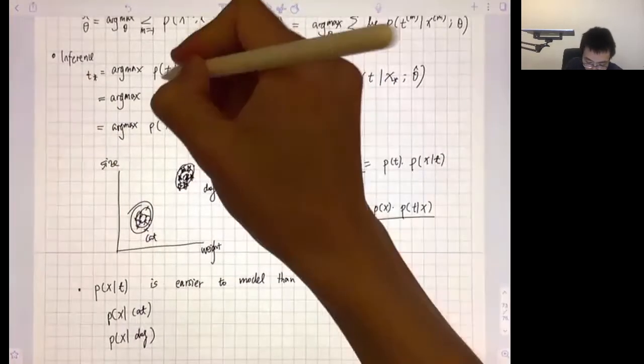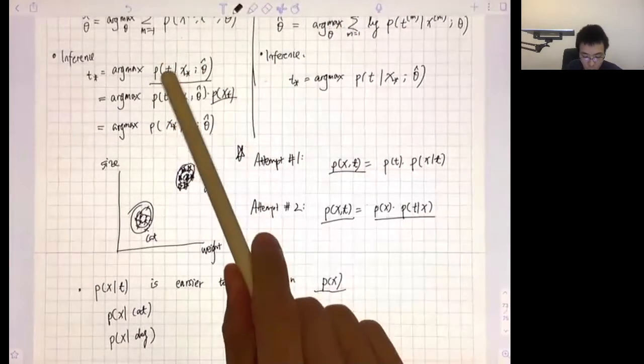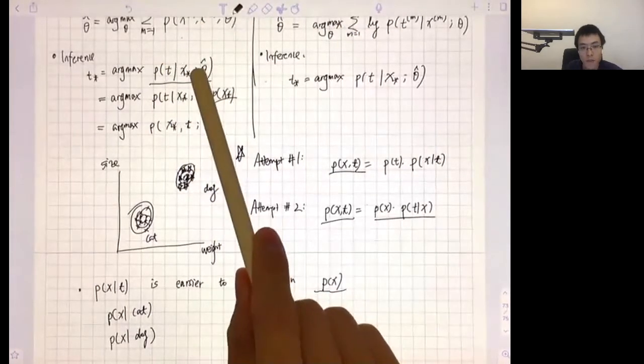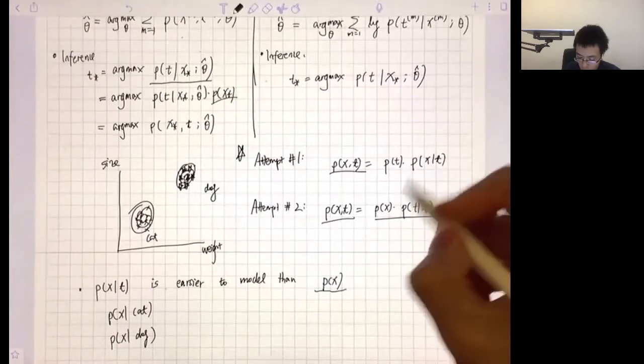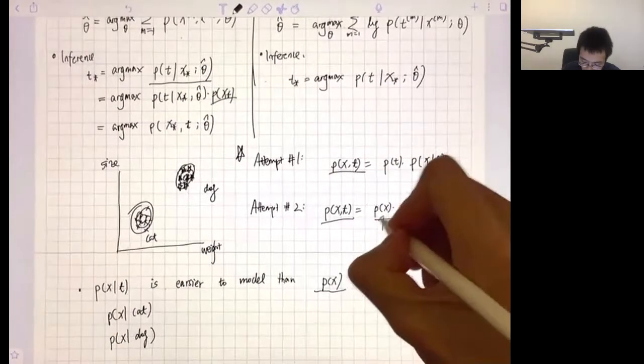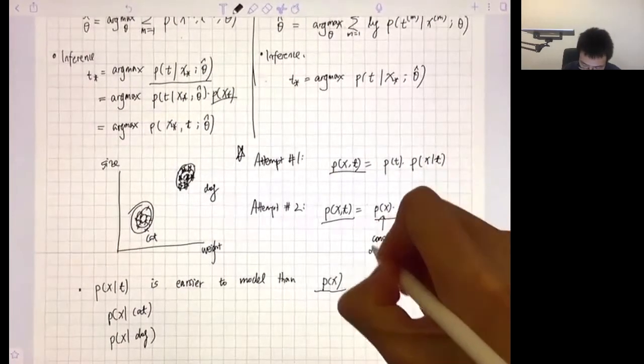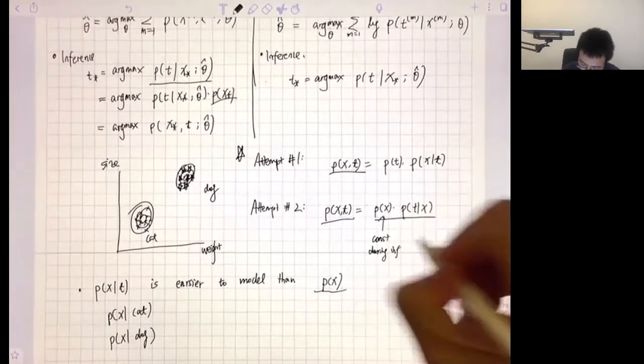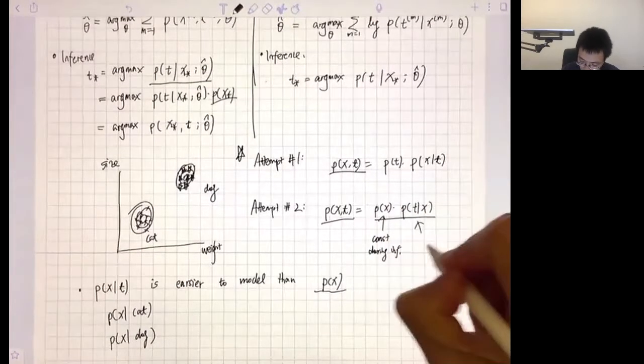Then it reduces to the discriminative model, p of t given x, right? Because when you do inference, this is a constant during inference. Okay, and this is the discriminative model.